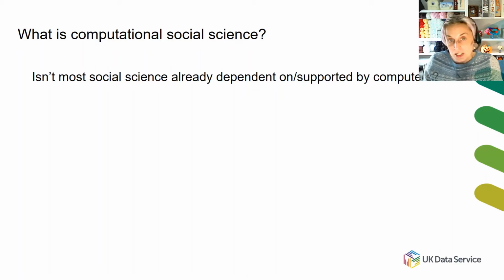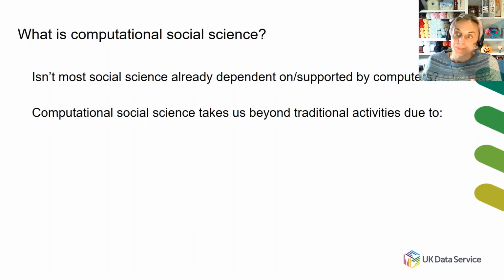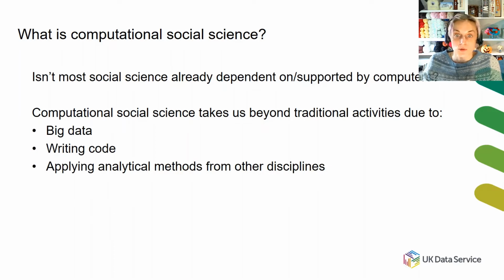But computational social science is not just using computers. It's using computational methods to answer social science questions. So, for example, we would use computational social science to address big data, to write code, to apply analytical methods from other disciplines.